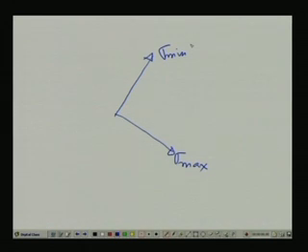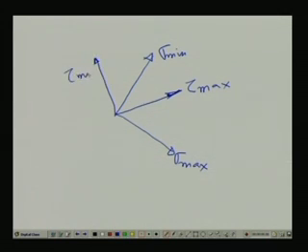And if you consider the shear stress values, then this could be your tau max, and again 90 degrees apart you have tau min. So the angle between them will be 45 degrees. That means whenever you have sigma max, 45 degrees apart is tau max, and in a similar way you get the other results.